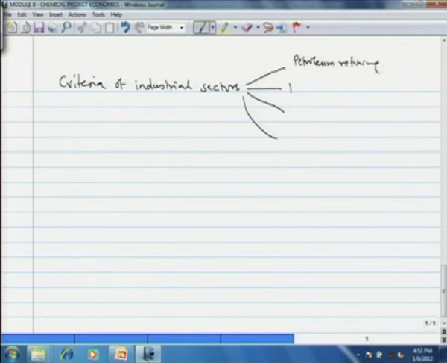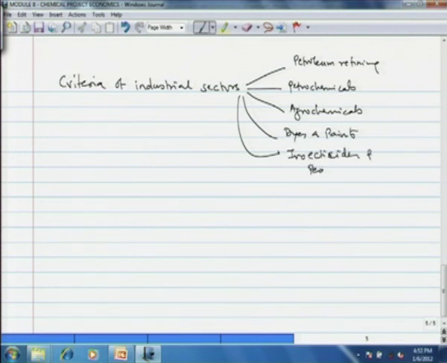Then petrochemicals is another sector. Then agrochemicals. Then dyes and paints, and so on and so forth. One more category could be listed as insecticides and pesticides.